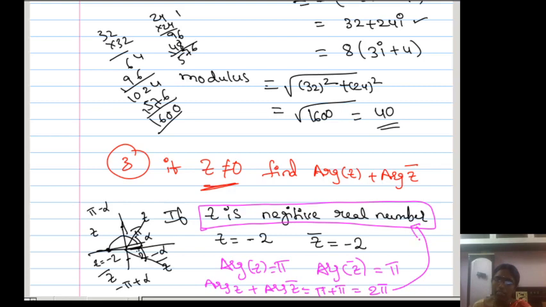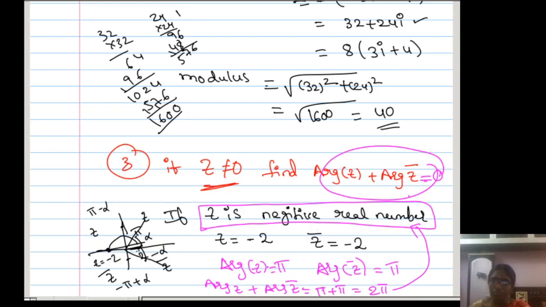So except for a negative real number, anywhere the value is 0. For a negative real number the value is 2 pi, but in the remaining cases it is 0.